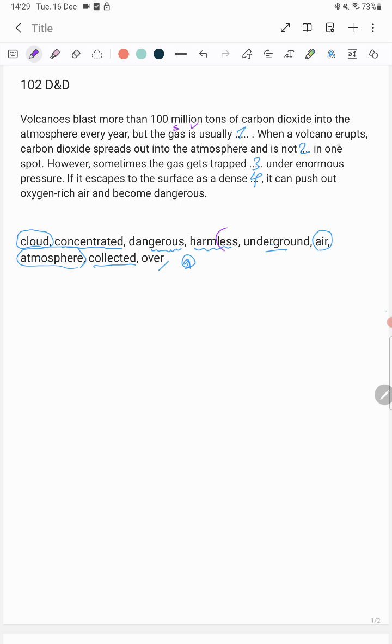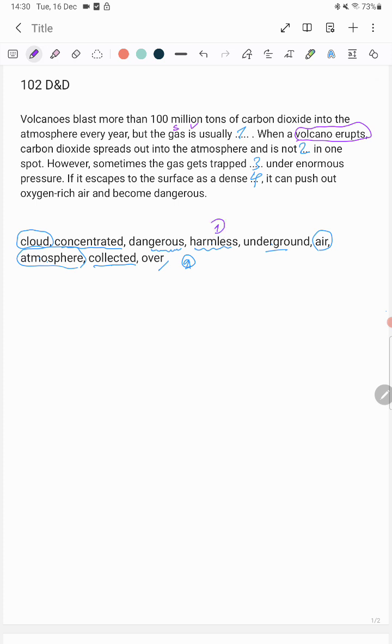When a volcano erupts, carbon dioxide is spread out into the atmosphere. Some of the carbon dioxide is not dangerous. Here we need harmless, because some of the volcanic eruptions help the planet, and even help the marine ecosystem. So I think harmless is a good one for here.